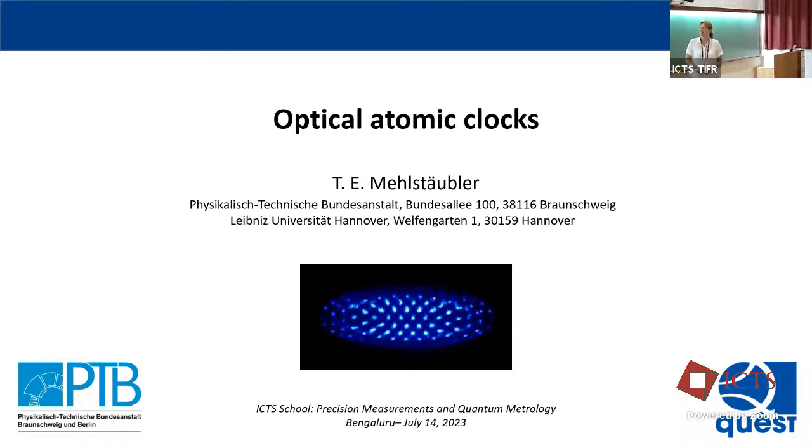And I take the opportunity today to teach you a little bit about optical atomic clocks. I saw in the program that you have already been well prepared. There was a lecture by Subhadeep about atomic clocks in general, microwave clocks. Then you had 3 lectures by Fritz Riehle, my colleague from PTB, on accuracies, systematics, how to evaluate measurements, the SI standards.